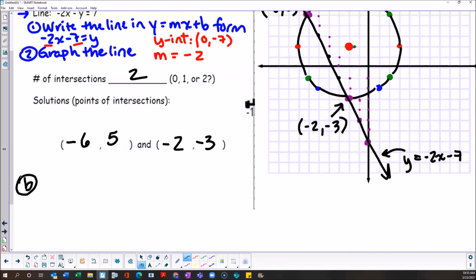Kind of a more simple example would be this part B I'm going to add.